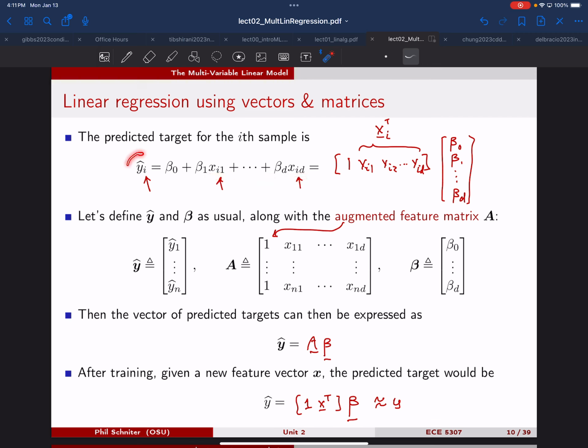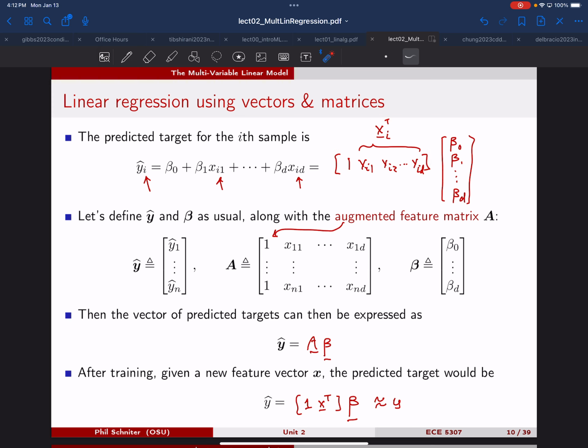And this is the prediction of the ith target in our training data set. And so what we did is we wrote this as an inner product between this vector here and this vector of coefficients beta. Here we're separating the things that we were given that are known from the things that are unknown that we need to design.